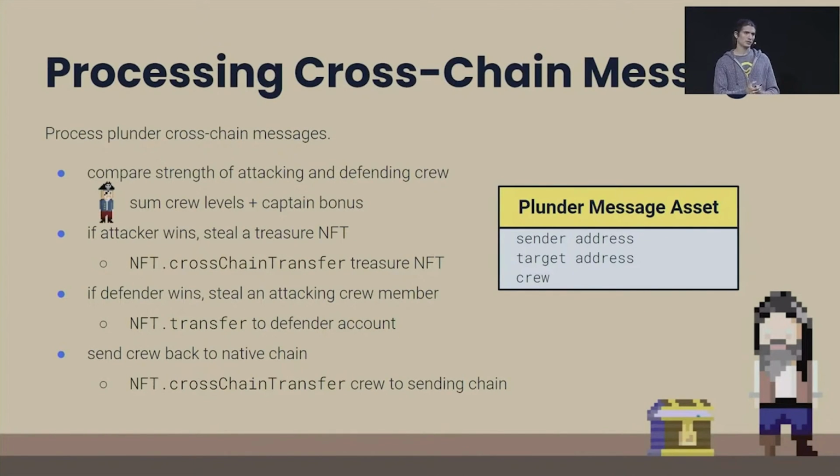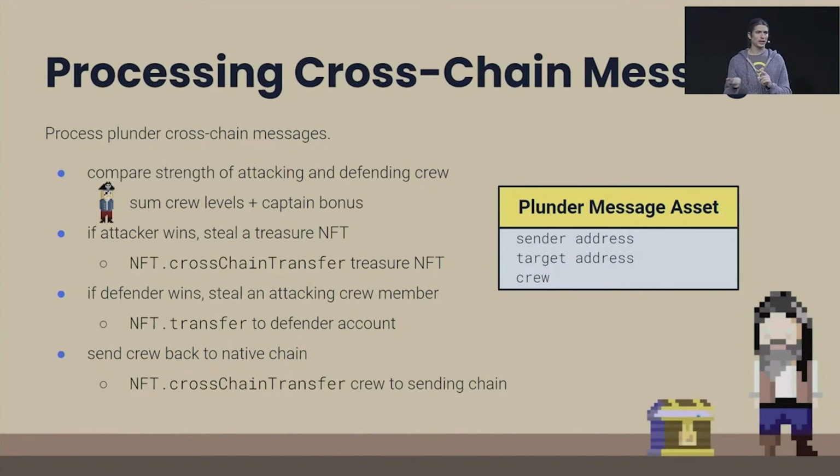So how do we process these cross-chain messages? We compare the strength of the attacking and defending crew. To do so, we just sum the level of each member of the crew, and we add a bonus for the captain. If the attacker wins, the attacker steals a treasure NFT from the defender. And to steal it, we just, again, call the NFT cross-chain transfer reducer.